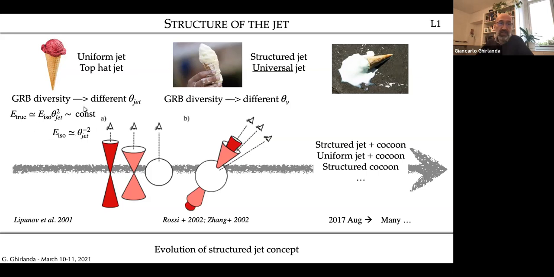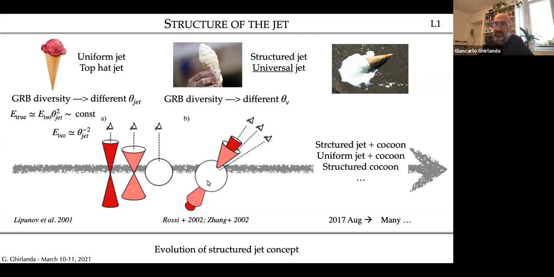By using this argument, one is led to think that there could be a relation with the most energetic bursts having the smallest opening angles. But already in 2001 and 2002, people started to think about another alternative, which is very appealing because it brings a kind of unification within the GRB population.